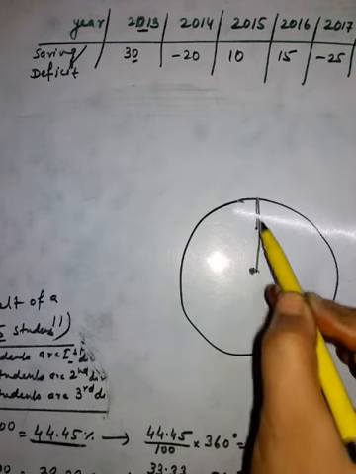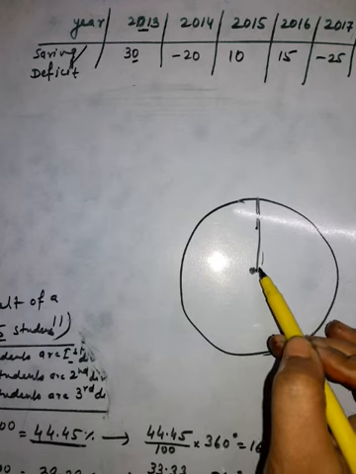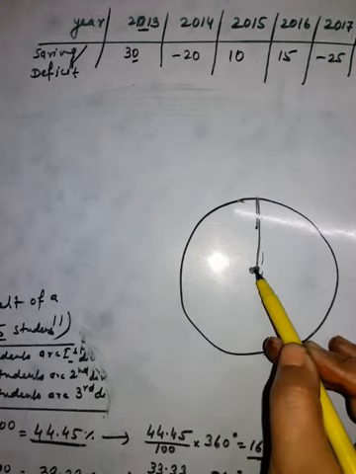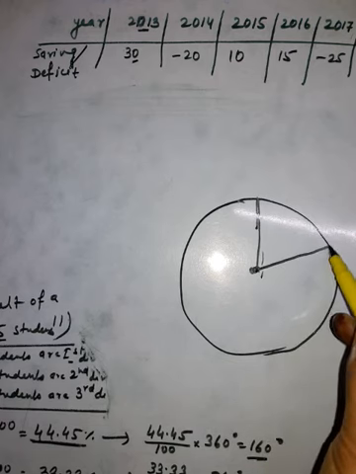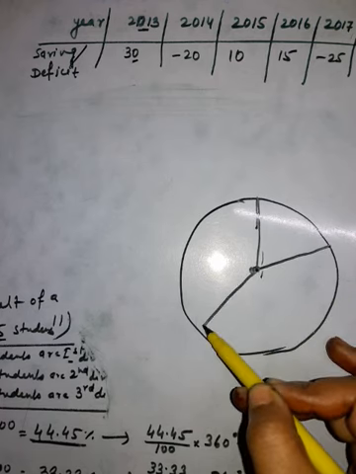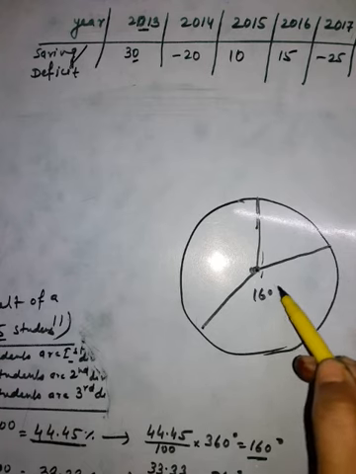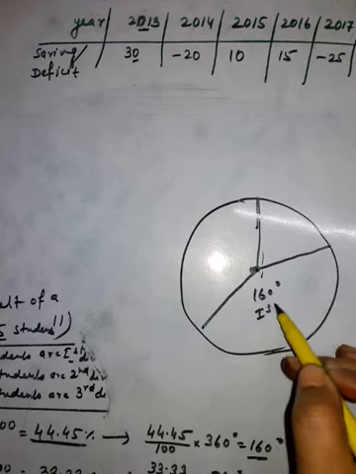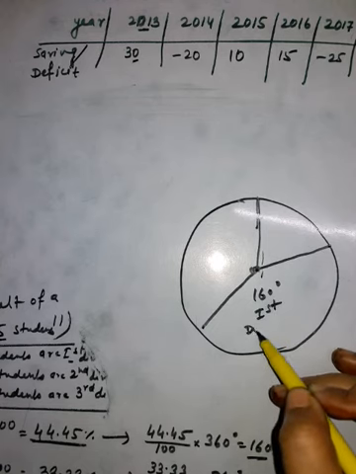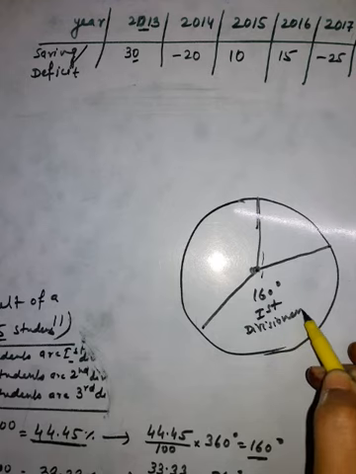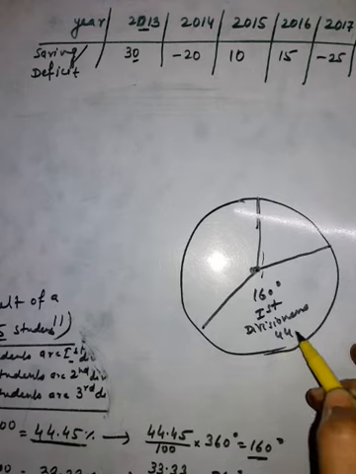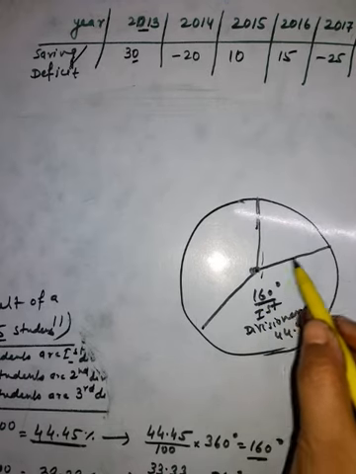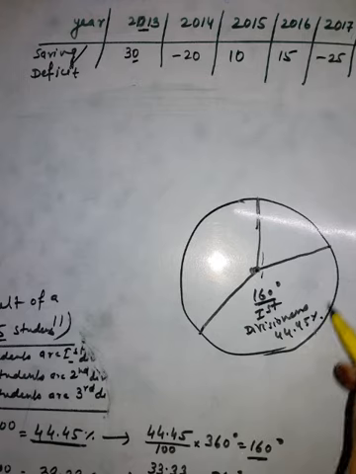Draw a straight line, and for 160 degrees, it will come like this. That area, 160 degrees (44.45%), shows first divisioners.